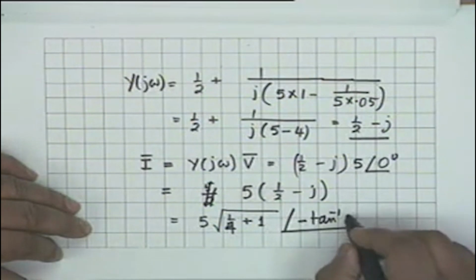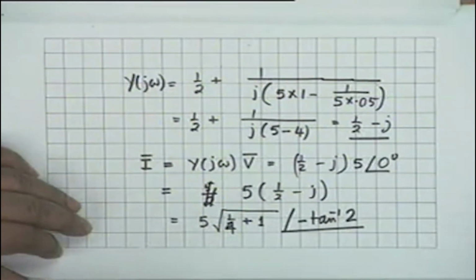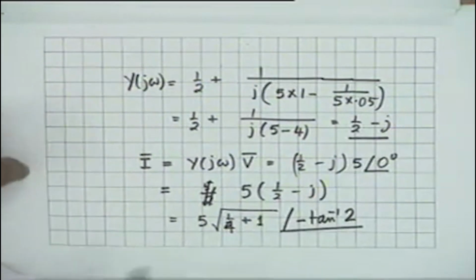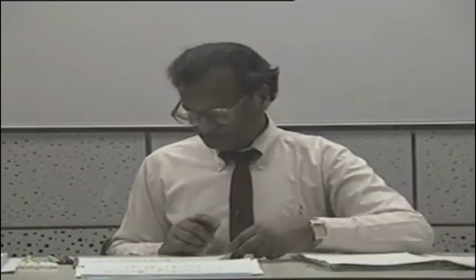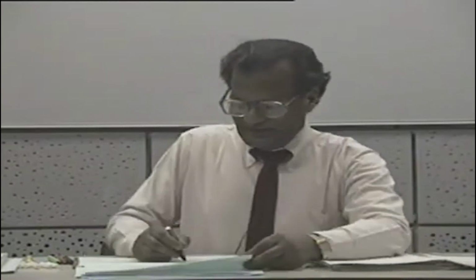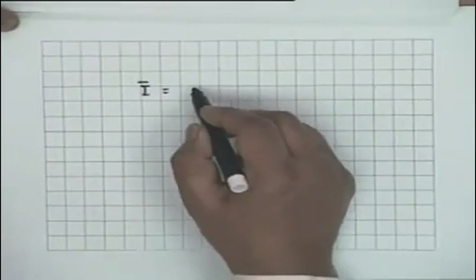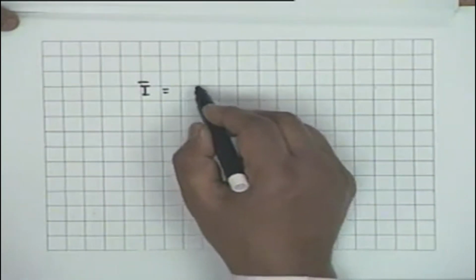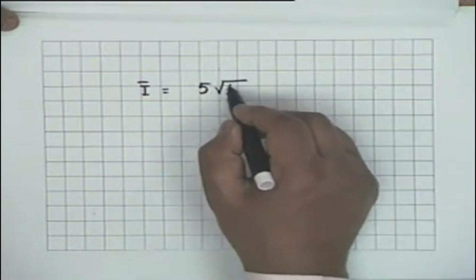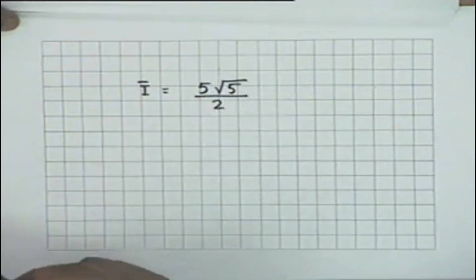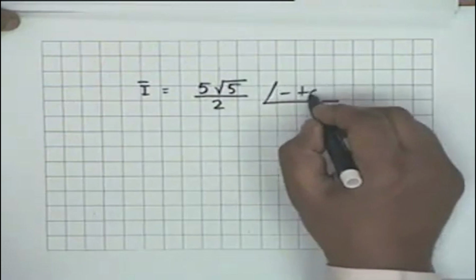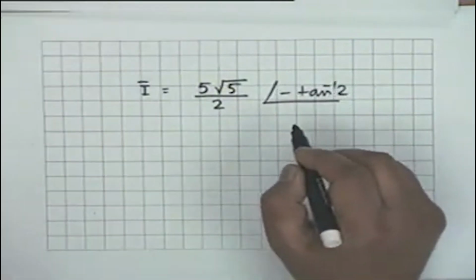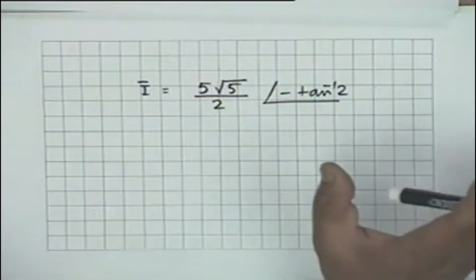Now if I simplify this, the current phasor is equal to 5 square root 5 divided by 2, and then minus tan inverse 2. I don't know how much tan inverse 2 is. Tan inverse 1 is 45, so it must be around 65.